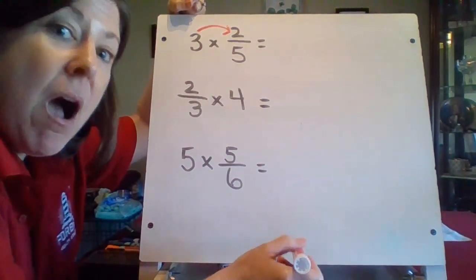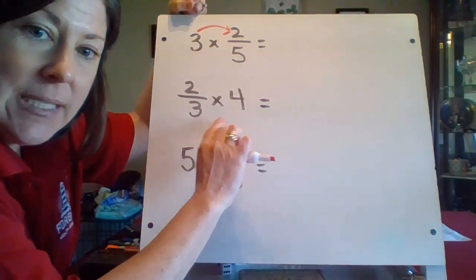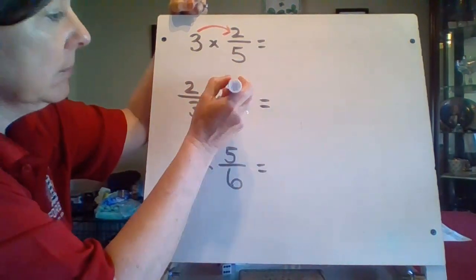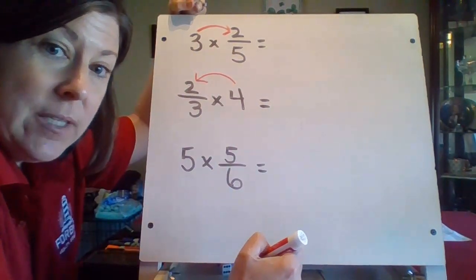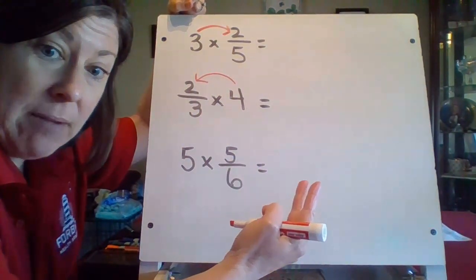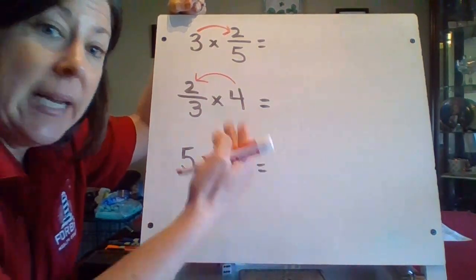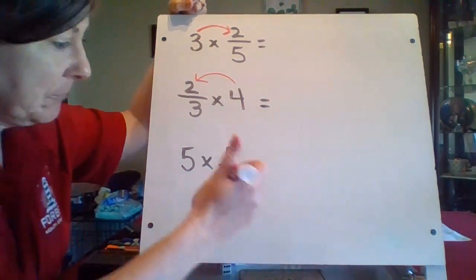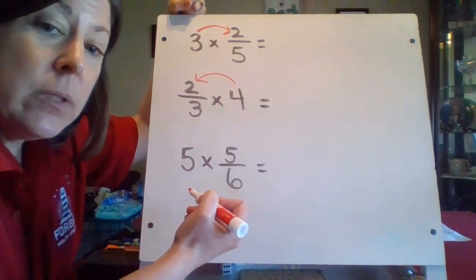I have 3 of the 2 fifths. In my second example, my whole number is 4. I have 4 of the 2/3. It doesn't matter that my problem is flipped around, because whether it's one way or the other way, when I multiply, I'm going to get the same answer. And then in my last example, 5 times 5/6, my whole number is the 5.